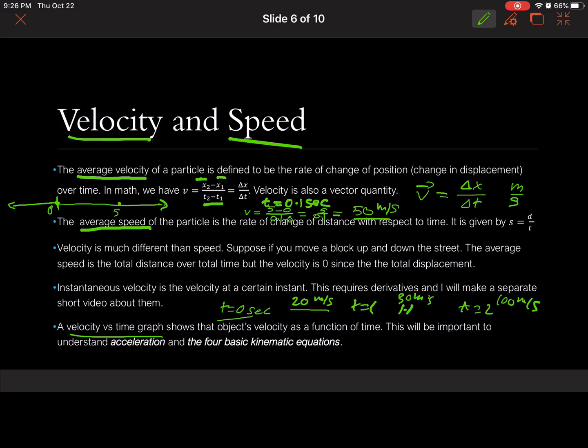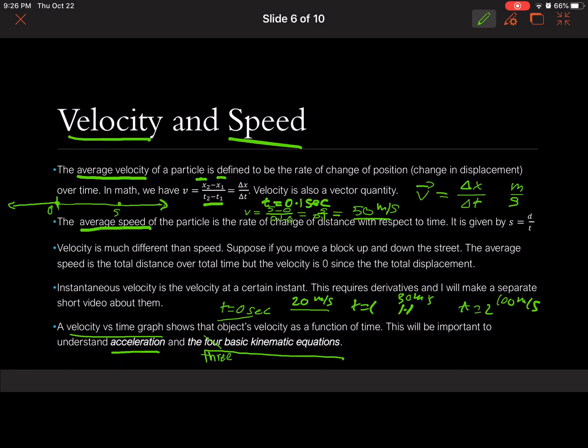And this will be important to understand acceleration and the basic kinematic equations. Actually, that should be three for some reason. We're going to only cover three for now. Three basic kinematic equations. Instantaneous velocity and speed, I will cover in a separate video because they require calculus, and not all of us know calculus.